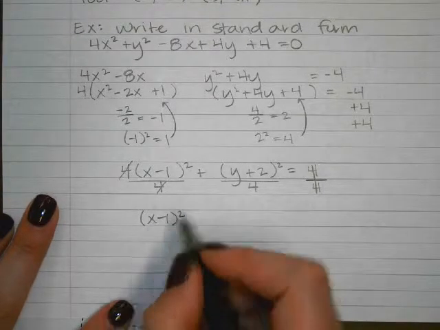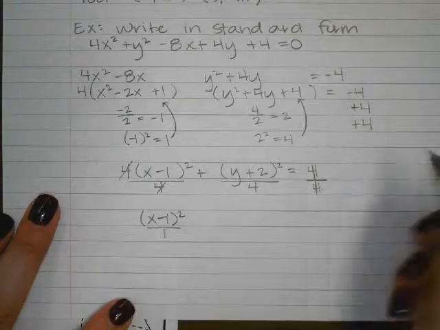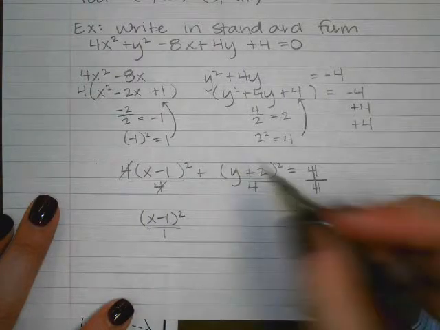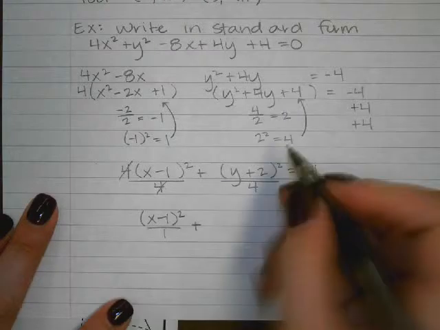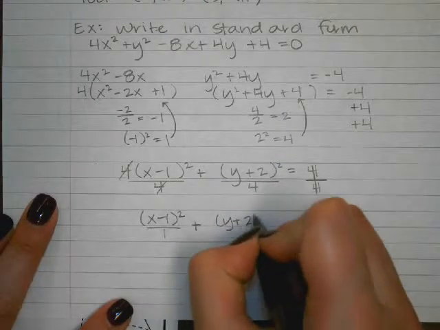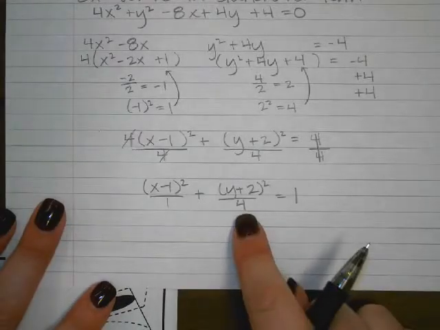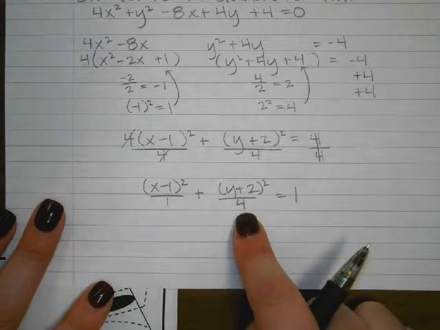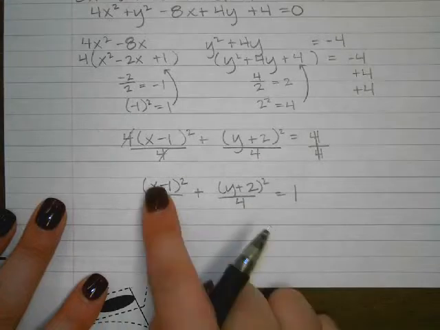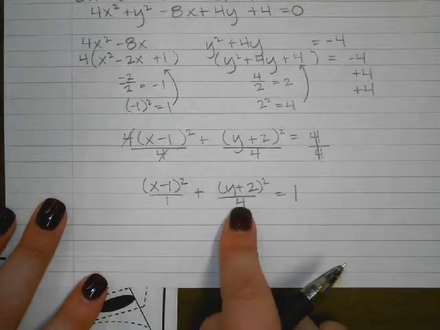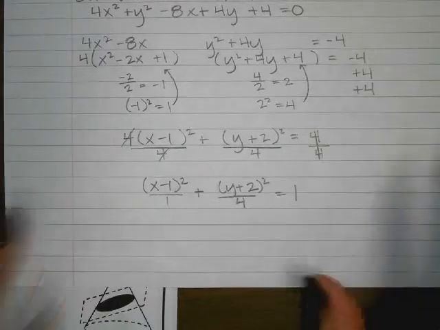Now, if you want, for this unit, you could put over 1 just to help you think that the radius to the left and right would be 1. If you don't want to write that, that's fine. You don't need it. I just find that it helps sometimes. And so this would be the standard form of the ellipse. It's centered at 1, negative 2, goes left and right 1, up and down 2, and then from there we could draw the graph and find all the other information.